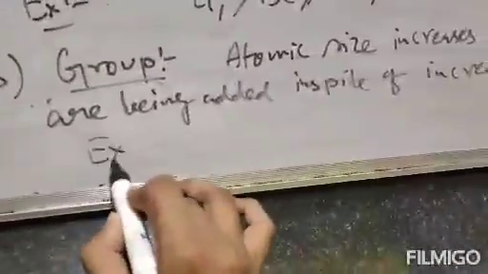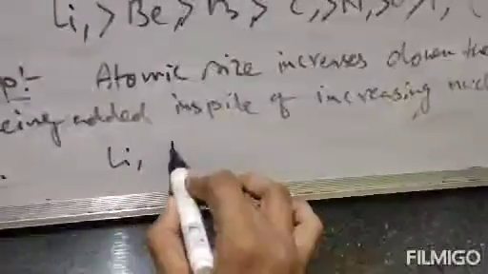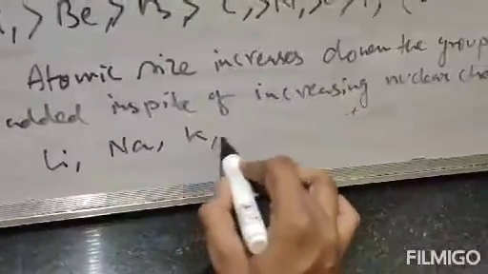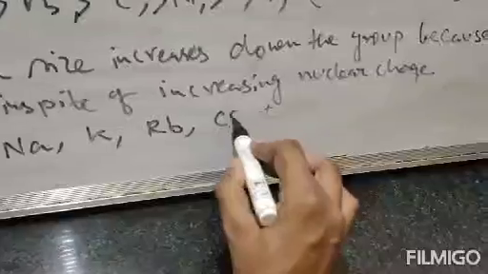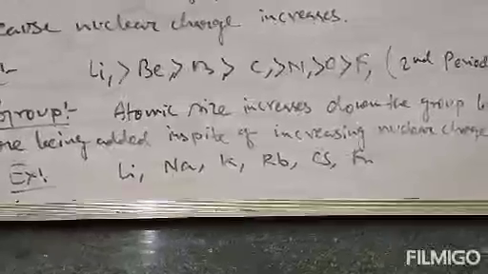Example: take the example of the first group elements. These are lithium, sodium, potassium, rubidium, cesium, francium. These are the elements found in the group.